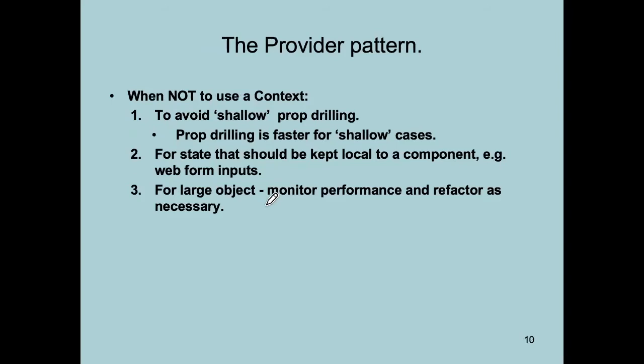I'm only including this slide just for completeness. It certainly isn't going to impact any React development that you'll do for me, but if you're doing React development down the line, it's something to be aware of. It turns out that using this context idea may not be the best solution for all instances of shared data. For example, if by using a context, all you're avoiding is what I'm calling shallow prop drilling. The opposite of shallow is obviously deep prop drilling.